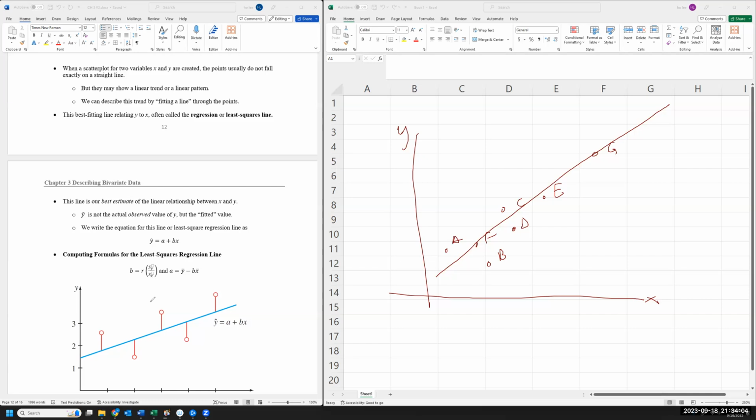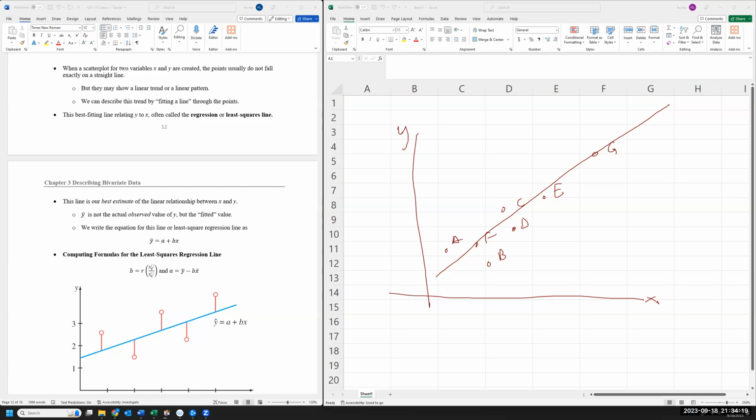And what we're going to do is define a y with the little thingy on top. This is called y hat, or that's the way I call it. And that is going to equal a plus bx. What do I mean by that?